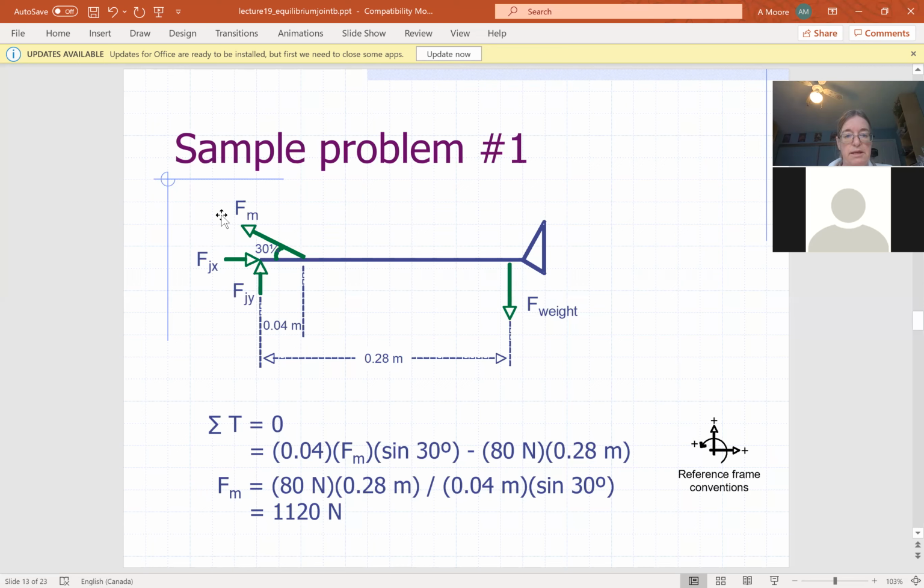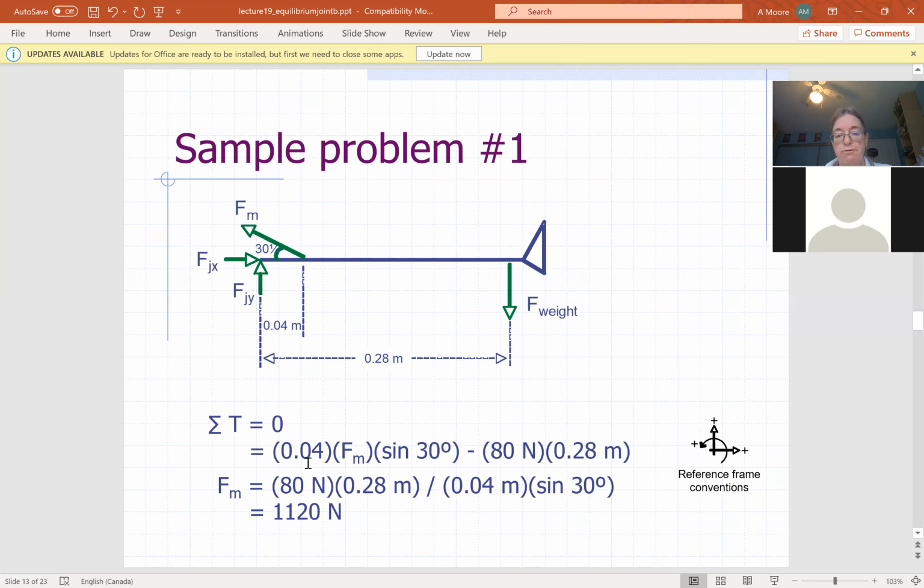and you find out the torque being created by the muscle, which is the muscle force, times 0.04 meters, which is the distance. So if you look at it, 0.04, well, Fm times sine 30 would be the same as finding the rotary component of this force. And you're basically multiplying the rotary component times its distance.